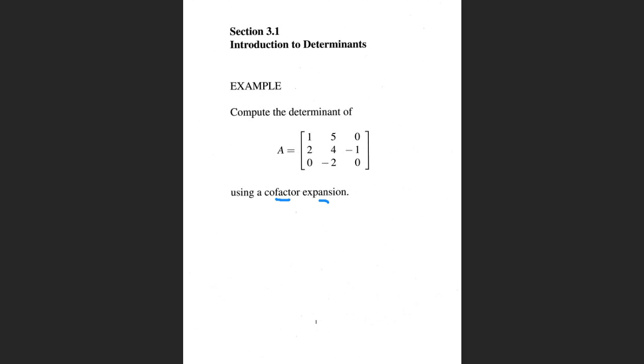So we're going to use the first row. Now, cofactor expansion can be done along any row or any column, but let's expand along the first row. Okay, so that means we're going to expand along the first row.